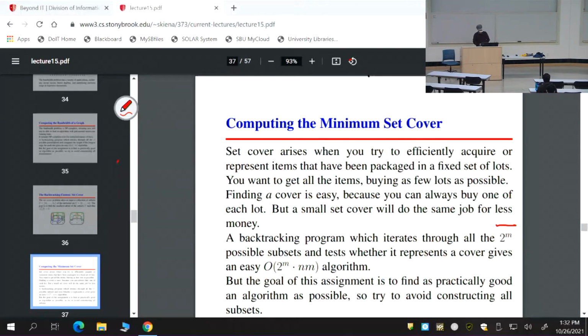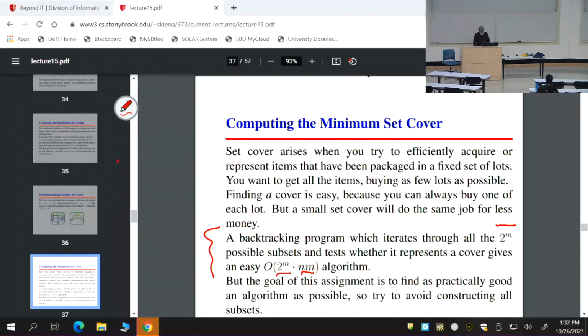If it creates a cover and has fewer subsets than the best one I already know of, keep it. If not, move on. If you do it in a really brute force way, constructing all possible subsets of subsets and then checking if each is a cover, you would have an algorithm that satisfies homework 4. But it will be slow.